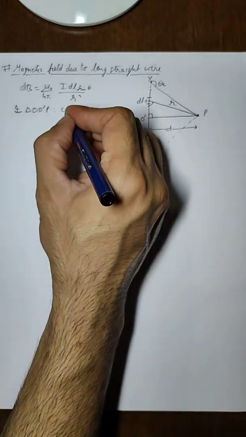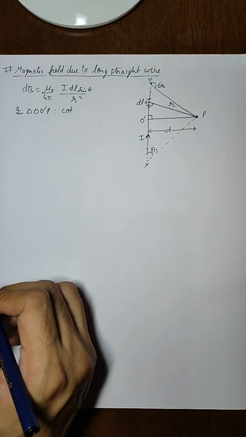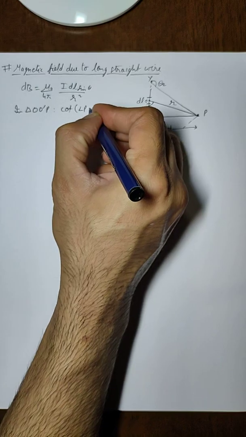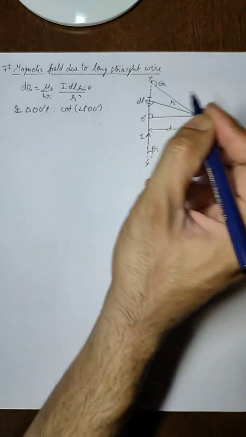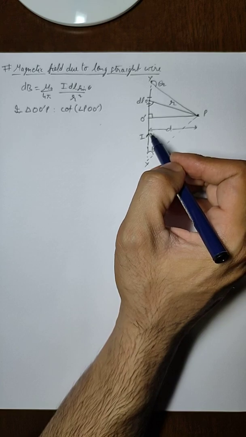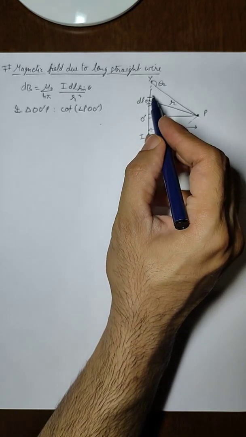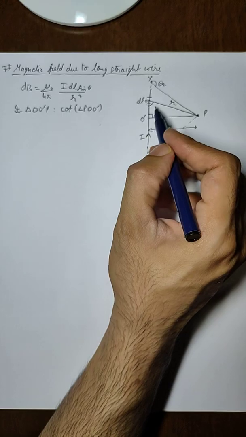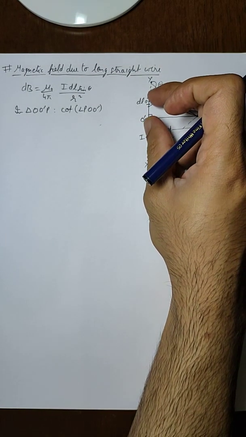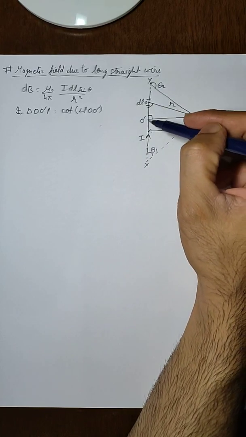We can use the cotangent trigonometric function. So cotangent of angle POO dash will be equal to this height upon this.